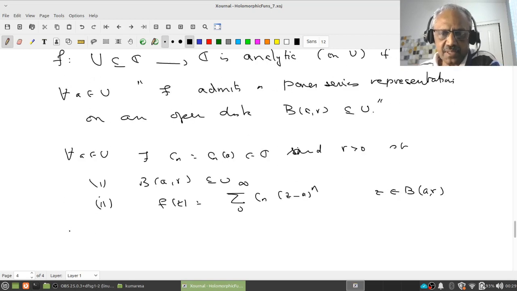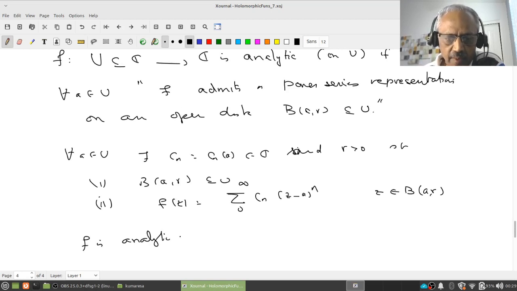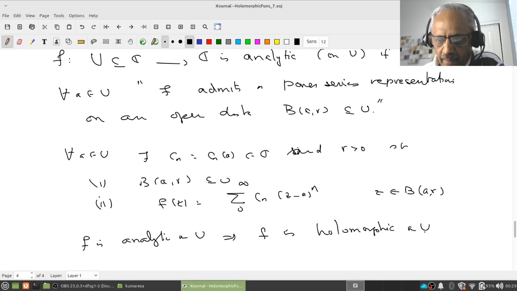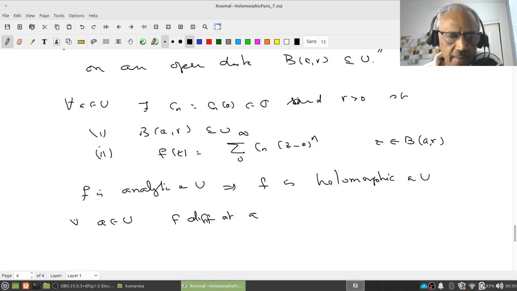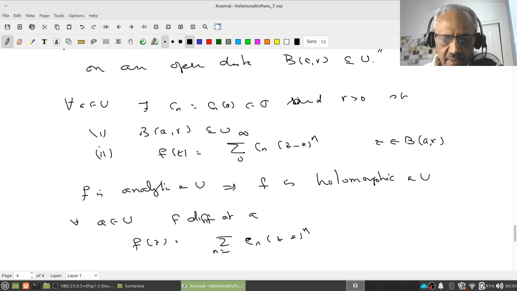So first let us make an observation. If f is analytic on U, then f is holomorphic on U. Why? Because to show it is holomorphic on U, I start with any a in U and have to say f is differentiable at a. Around a, I know f(z) is of the form summation c_n (z - a)^n, n running from 0 to infinity, for all z in B(a,r).